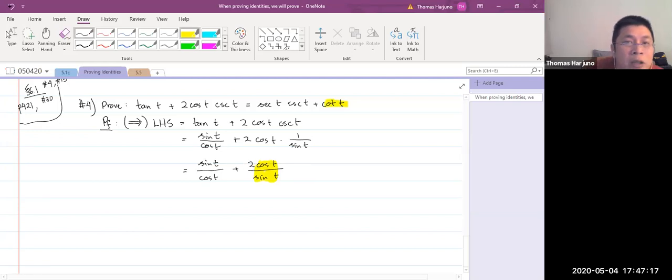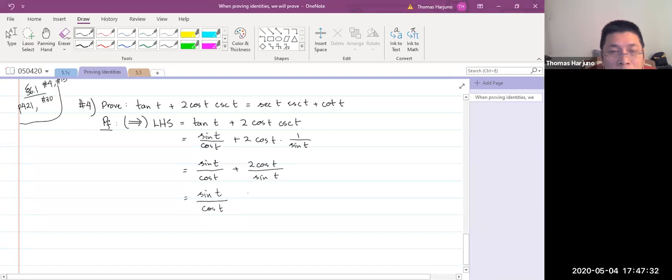So I will separate these two here: sine t over cosine t plus cosine t over sine t plus cosine t over sine t.